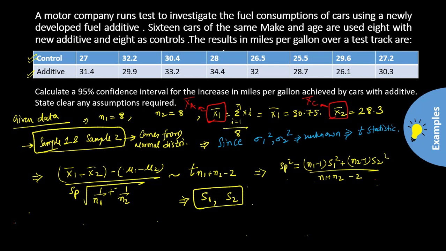I am rewriting the above equation in terms of parameters of control and additive. So xa bar minus xc bar minus (mu a minus mu c) divided by Sp under root of 1 upon na plus 1 upon nc.